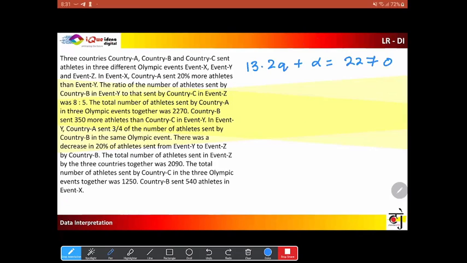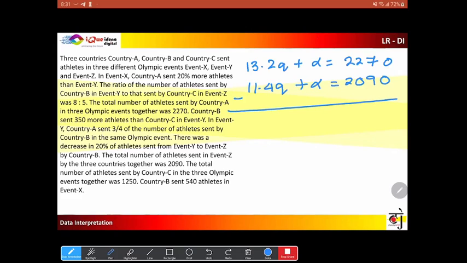So 6.4Q plus 5Q is 11.4Q. So 11.4Q plus alpha is equal to 2090. How do you solve this?